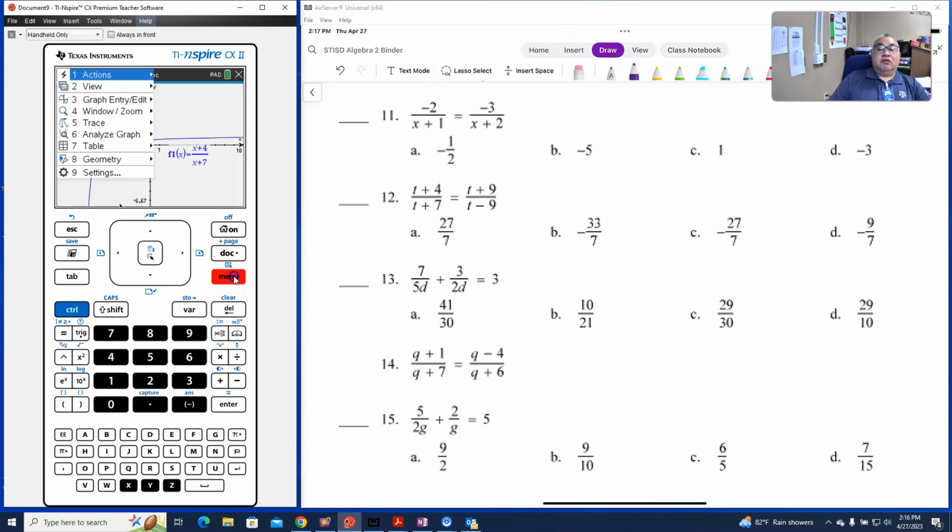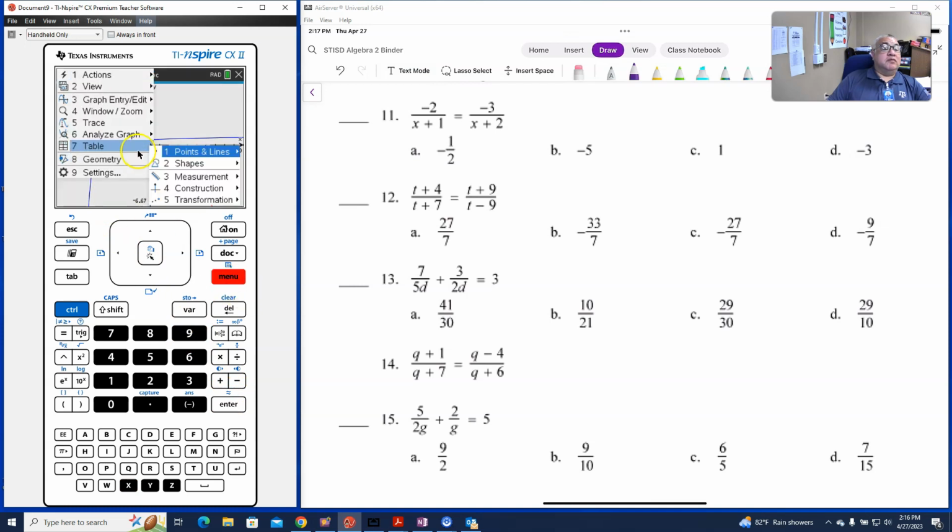Then go ahead and graph the right side of the equation. So we have x plus 9 divided by x minus 9. And the solution will be where they both intersect.